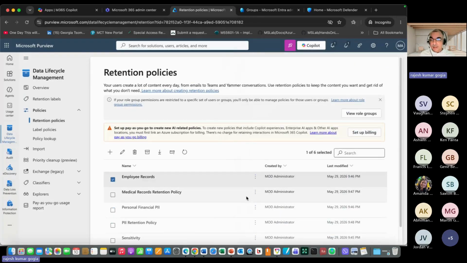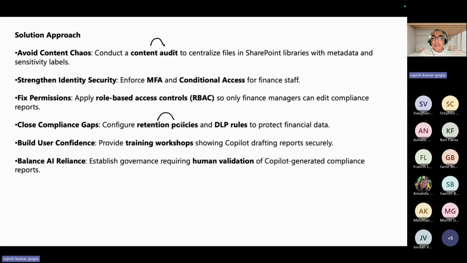For how long you want to retain? What action would you like to take after the retention finishes? So you're handling the retention policies in combination with DLP rules. Why? Because you want to protect the financial data.